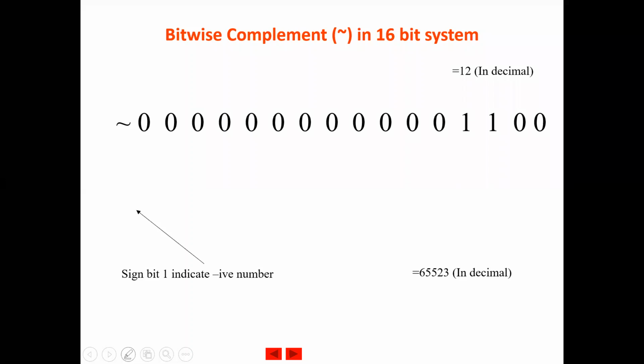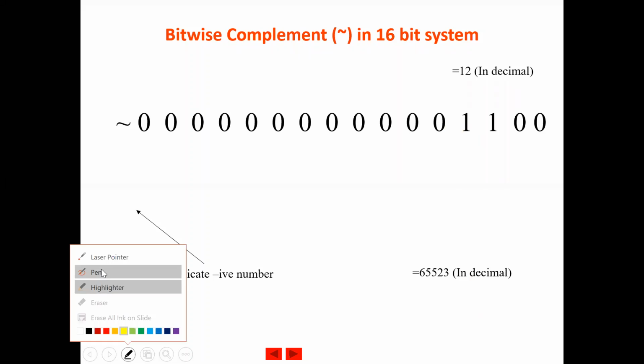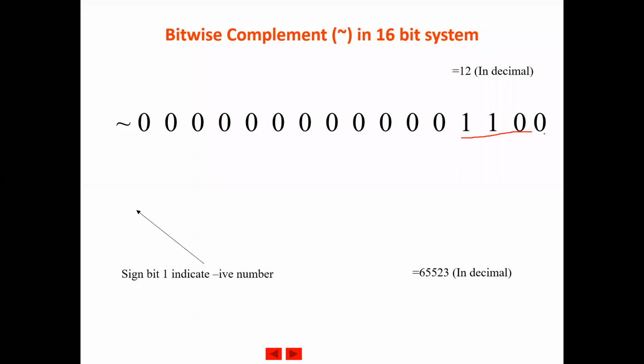Most of your systems will be 64-bit, right? Till now, in the examples I was showing, I was just showing 8-bit. The same 12 in decimal, when we give it in binary, you will know that 1100 indicates 12.